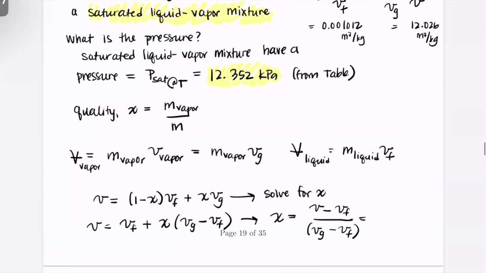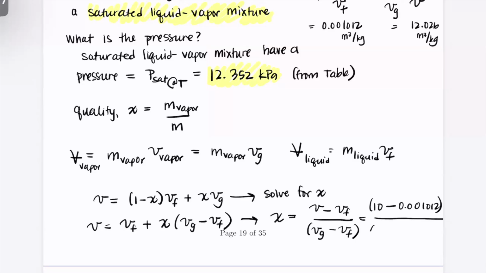All right, so our specific volume is 10. Vf is, where is it, 0.001012.